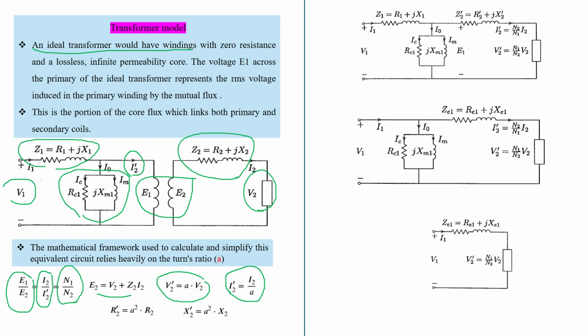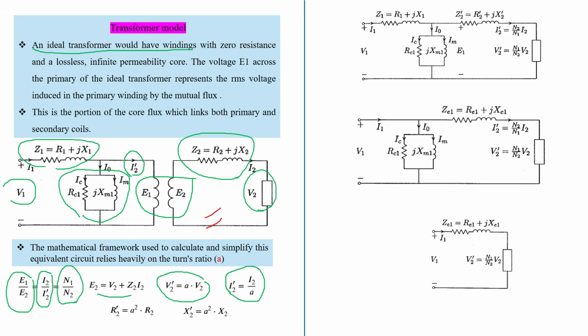If you see the first circuit here, we have the primary winding impedance, core impedance, then voltage E1, I2 referred, E2, the secondary winding impedance, and the terminal load.